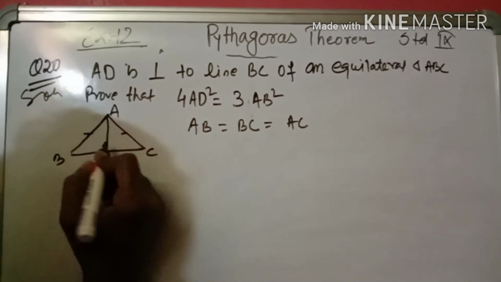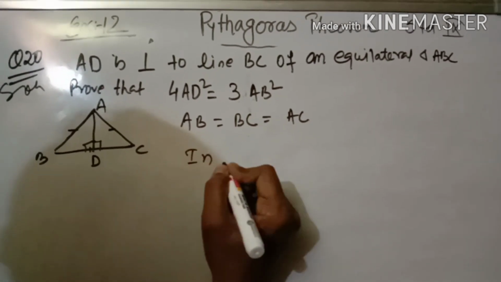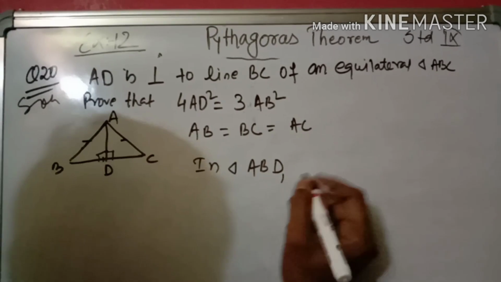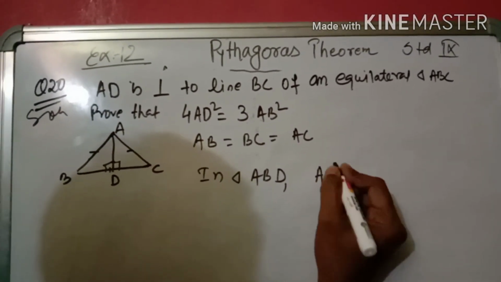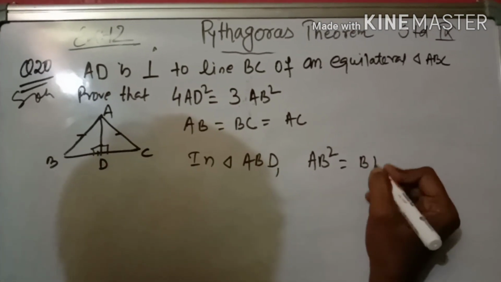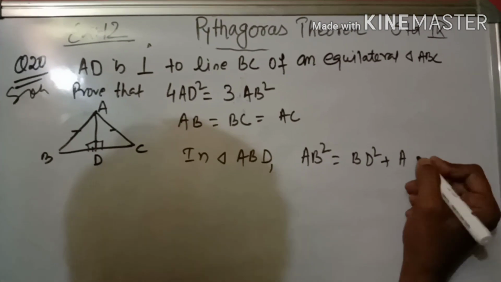Now this is 90 degrees. So in triangle ABD, AB square equal to BD square plus AD square.